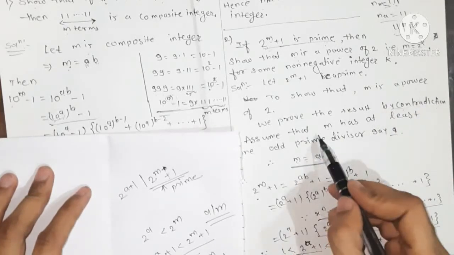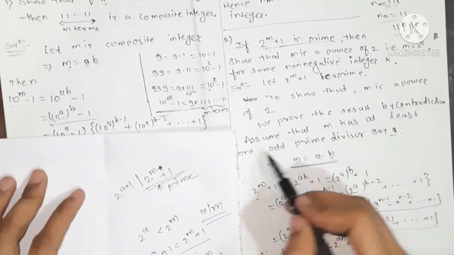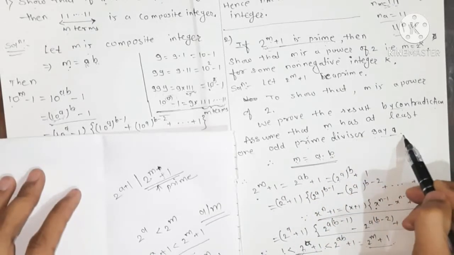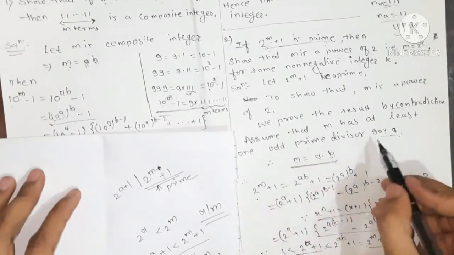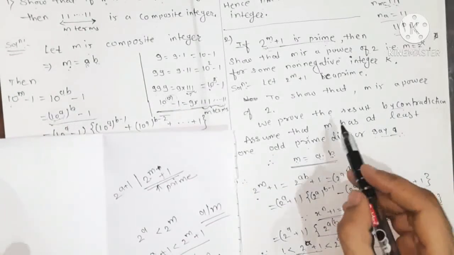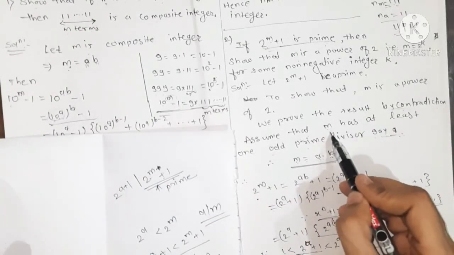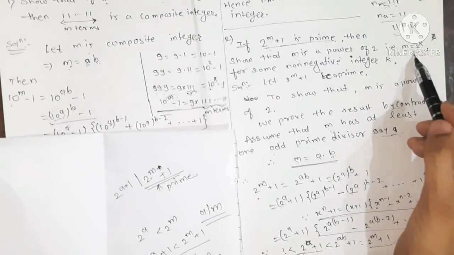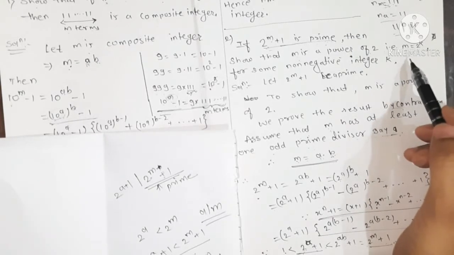And what we assume here, that m has at least one odd prime divisor, say a, this is wrong. And thus we say that there is no odd prime divisor, and hence m is the integer which is a power of 2. Okay, and we get the proof.